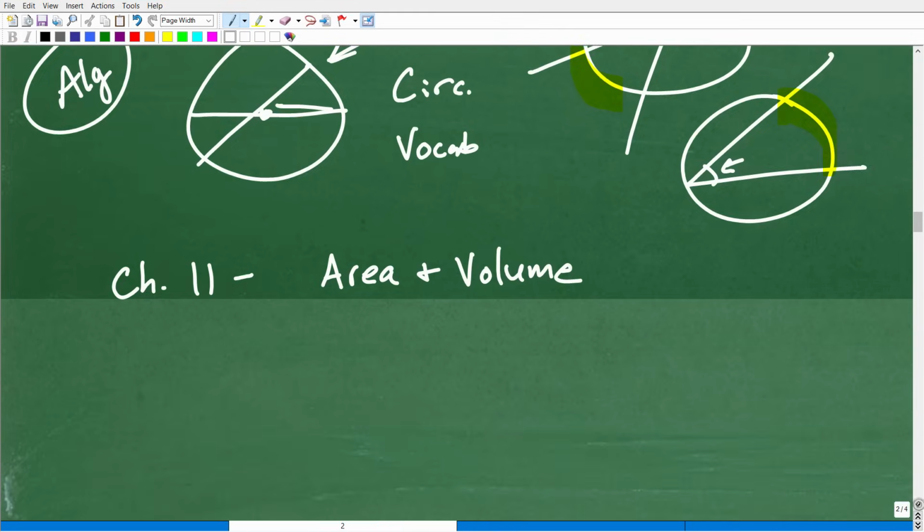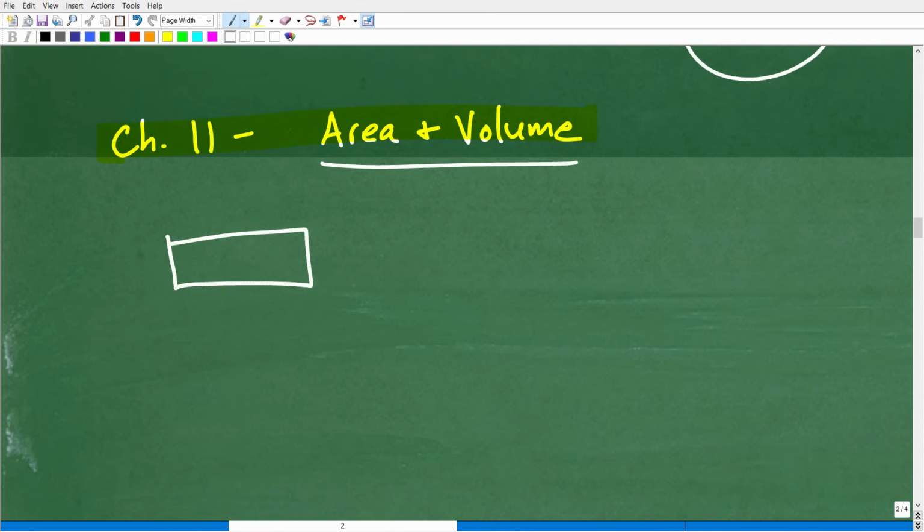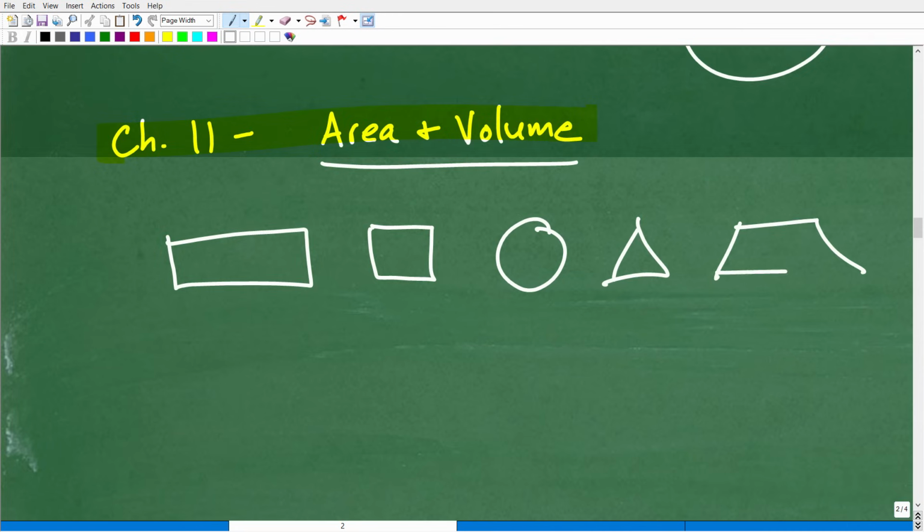And finally, let's finish with the last chapter in my course, and that would be area and volume. So what are we talking about? Well, we're talking about the area and volume of basic figures, things like rectangles, squares, circles, triangles, trapezoids.